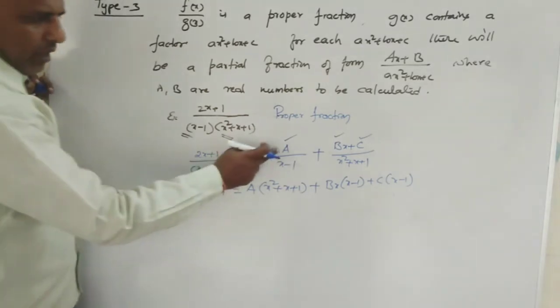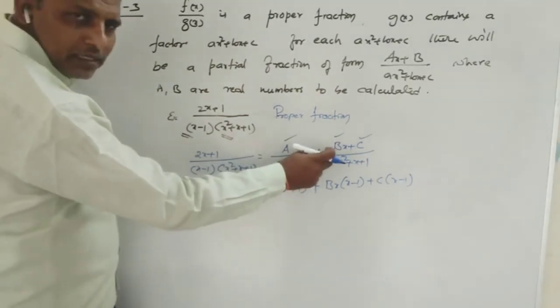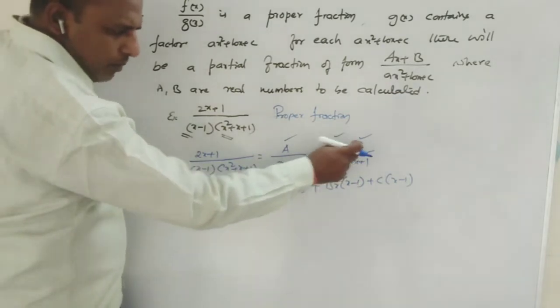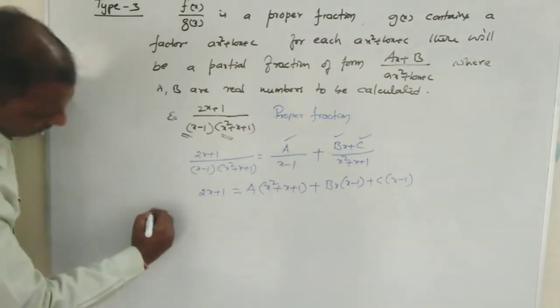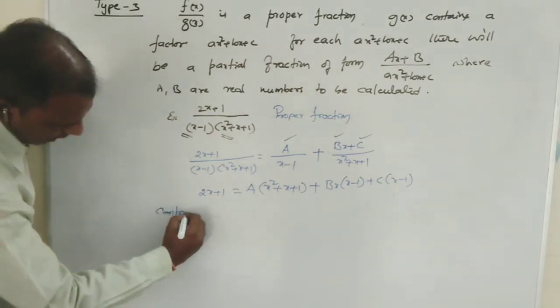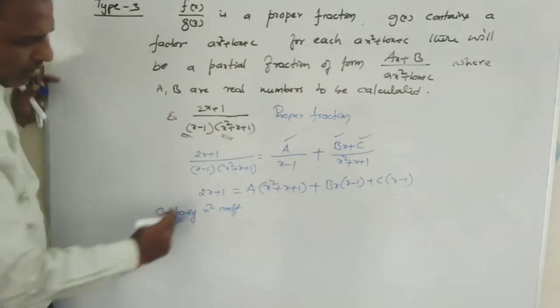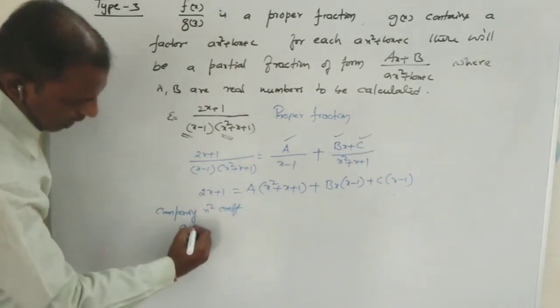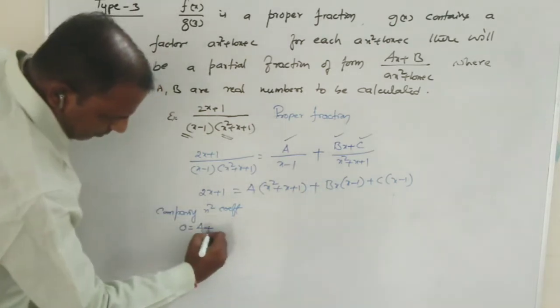Is it clear? So when you compare the x square coefficient, here it is 0 on the LHS, and the RHS is a plus b.